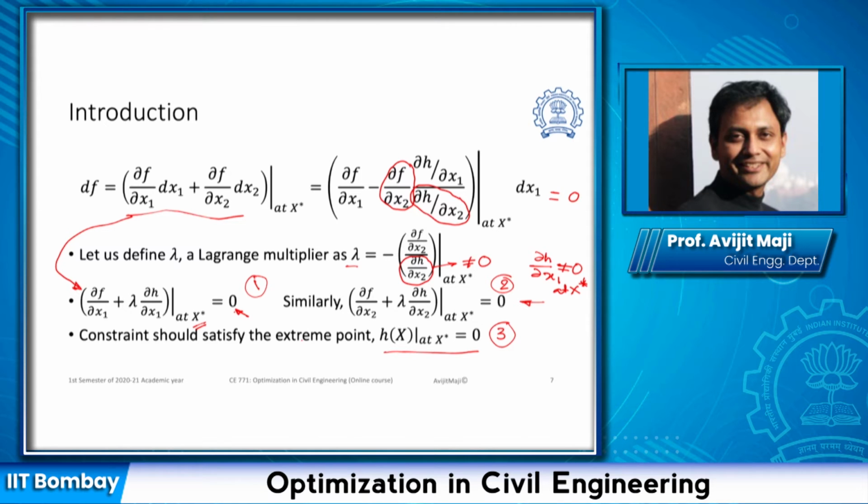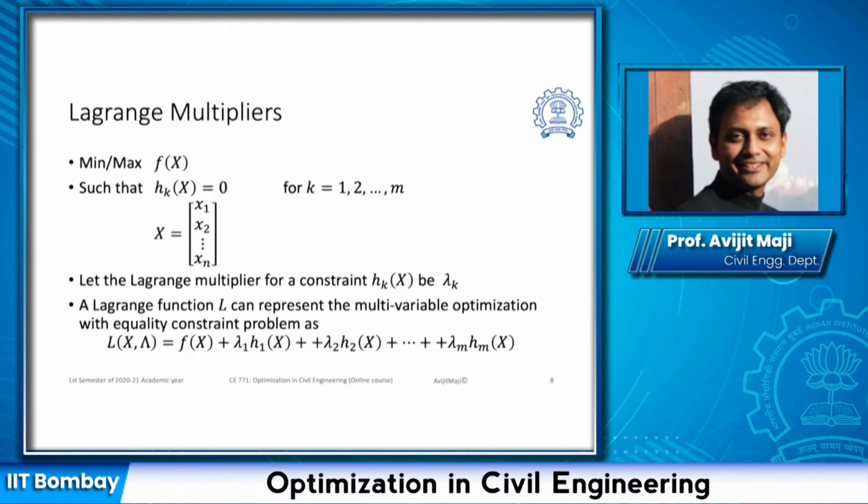Now let us look into how we can extend this for all the variables and the complete optimization equation. As we had indicated earlier, our optimization equation can look like this, where we are minimizing or maximizing an objective function with an equality constraint, where the capital X stands for the n-dimensional array.